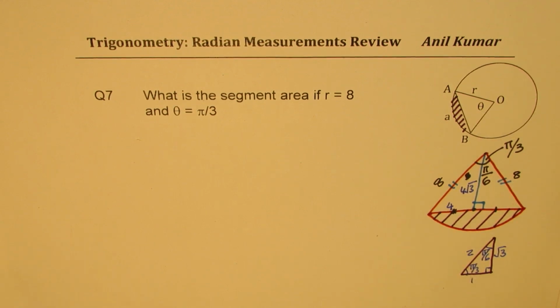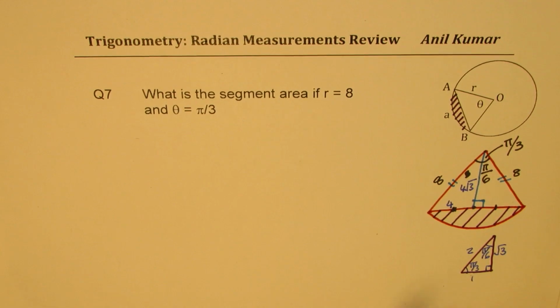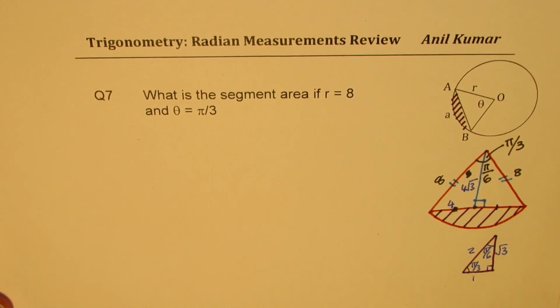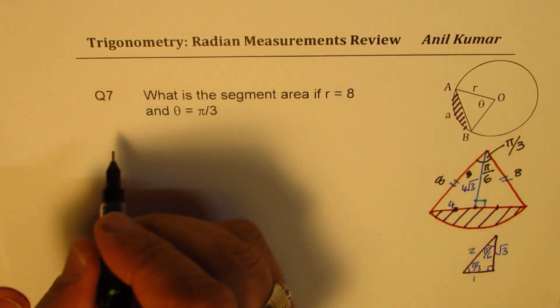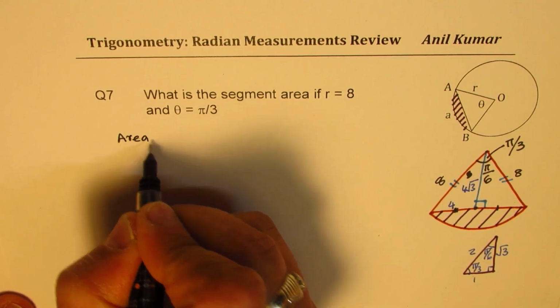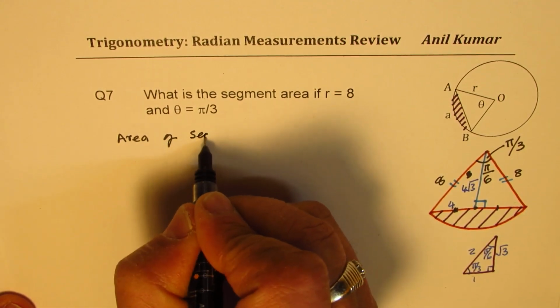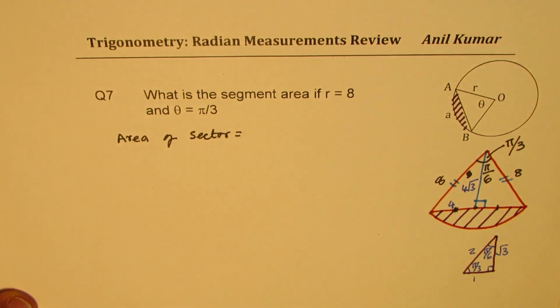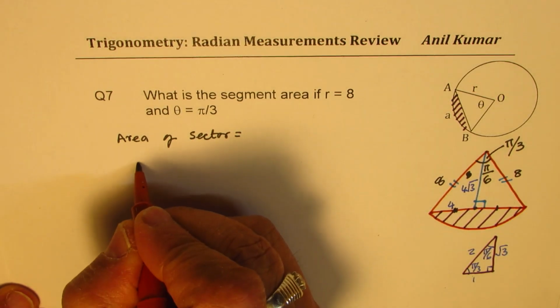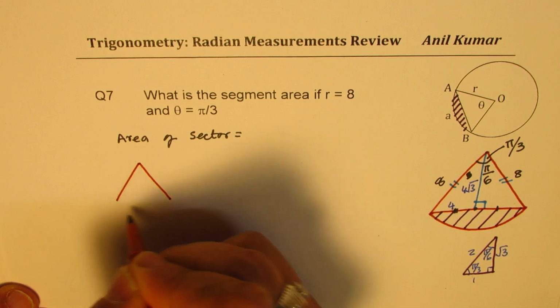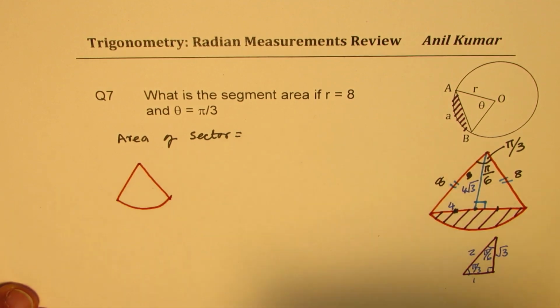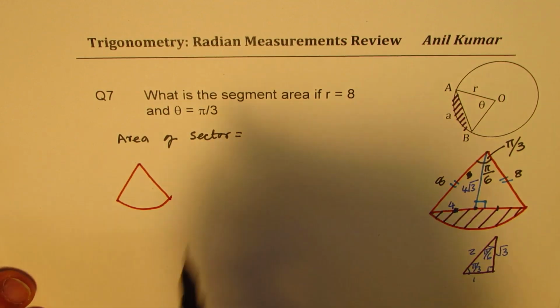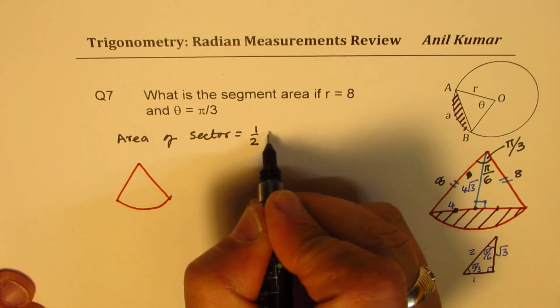Now let's try to solve this question. Basically we are going to find the area of the sector first. So the first step is the area of the sector, which is this big area. The formula which we just derived is half r square theta.